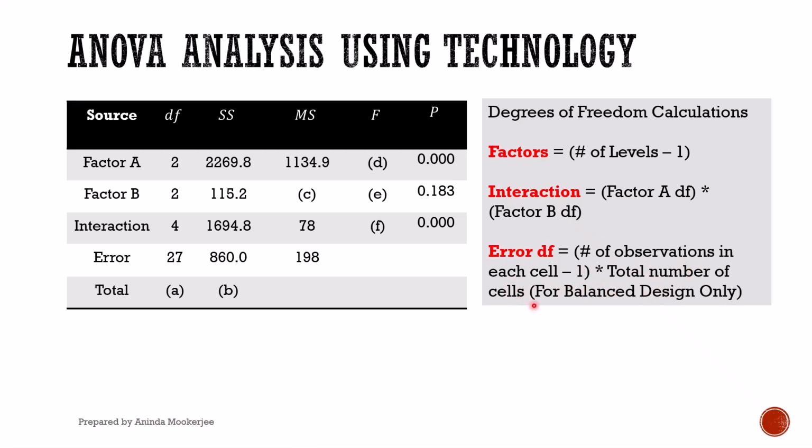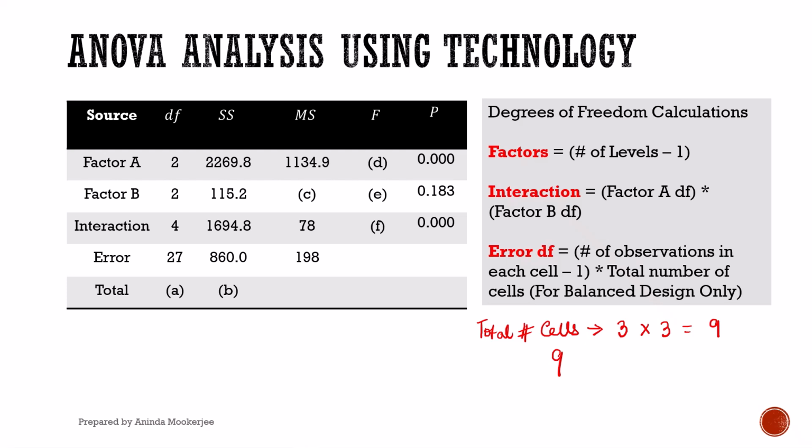So the total number of cells here would be 3 times 3, correct? So the total number of cells in this design would be 3 levels for factor A multiplied by 3 levels within factor B, and that would be 9 cells, right? So total number of cells is 9.